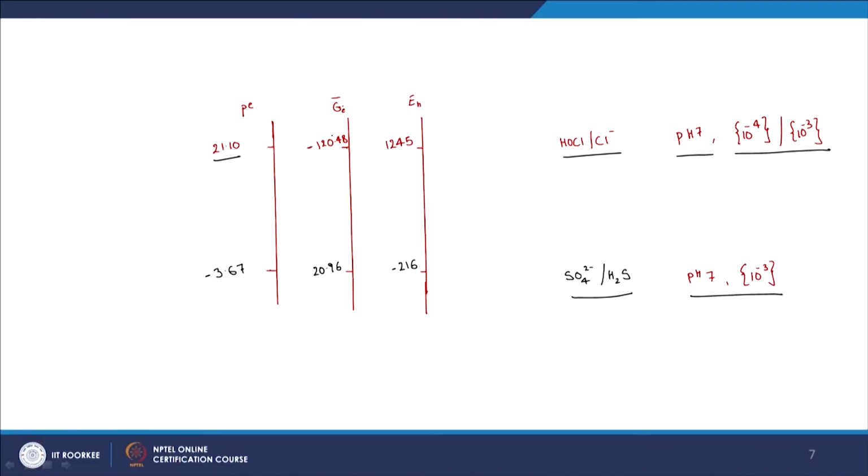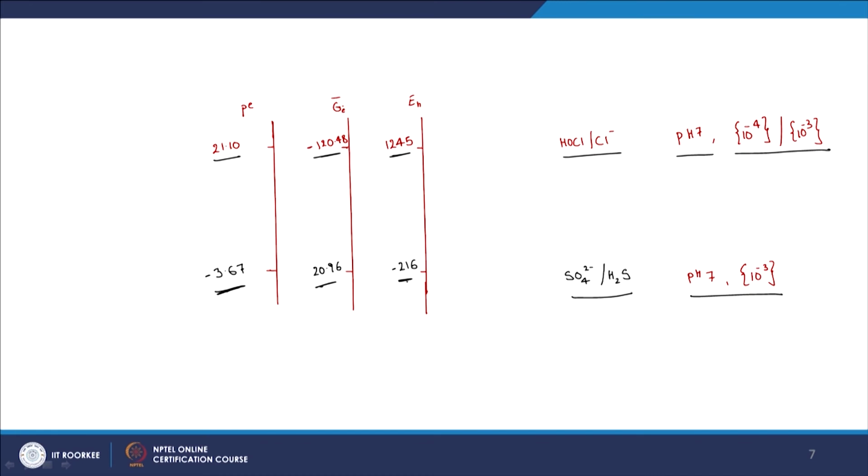So, here we have the PE values, not the PE naught values. Here we have 21.1, and once we have the PE value, you can calculate the molar Gibbs energy of the electron, and again relate that to the redox potential. Same case here, we are able to calculate the PE value, molar Gibbs energy, and again the redox potential.